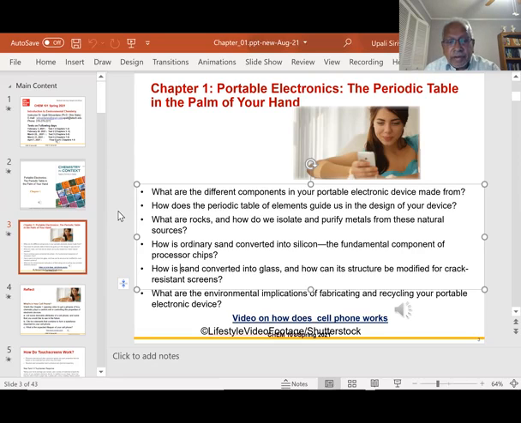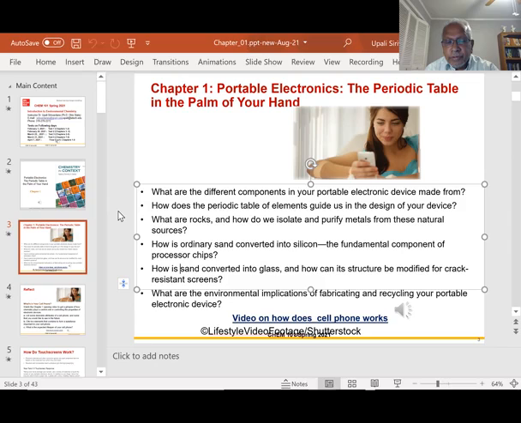How is sand converted into glass? Glass is also a building material for many things. A cell phone has a screen with specific properties, crack resistance and all that. So we will be looking into glass also, trying to explain the properties of crack resistance in cell phone devices.